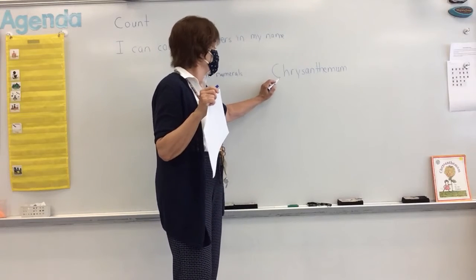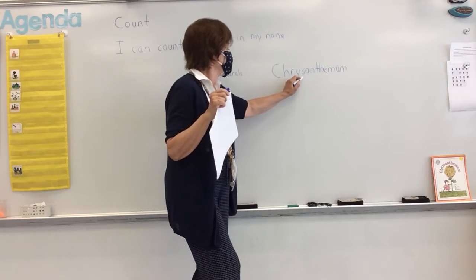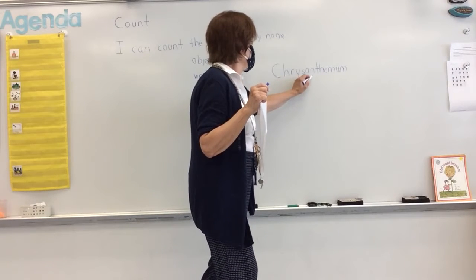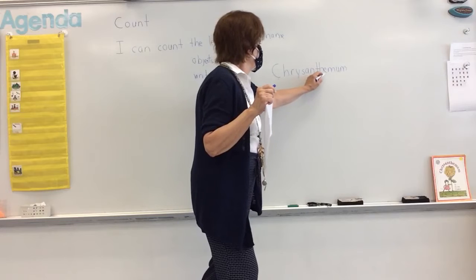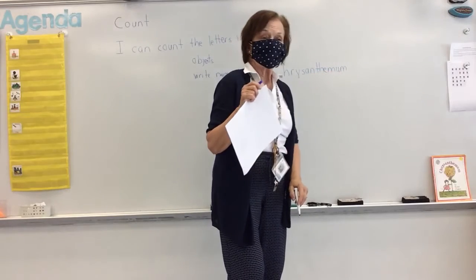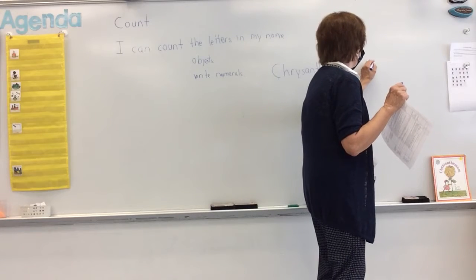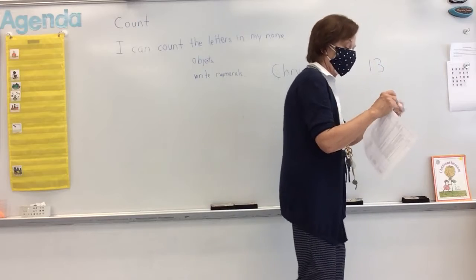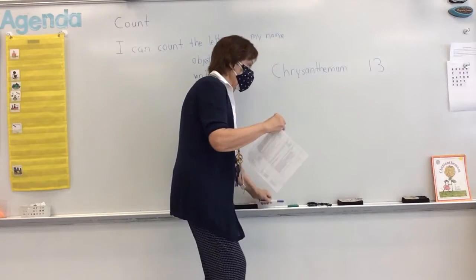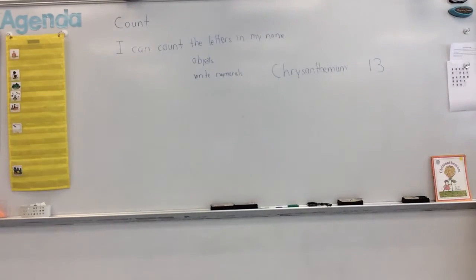Count with me. 1, 2, 3, 4, 5, 6, 7, 8, 9, 10, 11, 12, 13. So they were correct. I'm going to write that numeral here. This is the numeral 13. I'm also going to show that numeral with an object, with cubes.